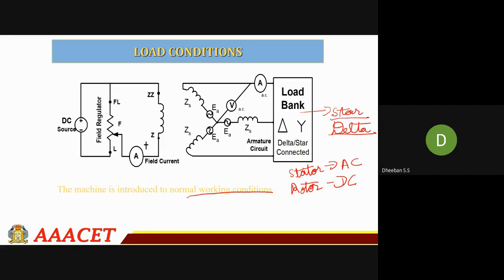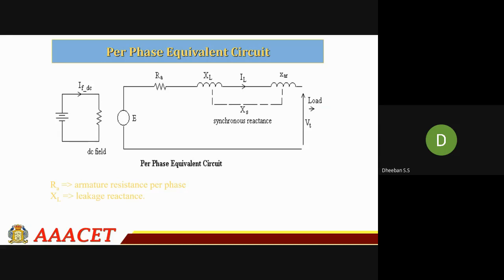Here you can see this is your field rheostat. By varying this field rheostat, you can vary the excitation at your rotor side. This is your equivalent circuit of your synchronous machine. Here your rotor side is given with your DC field.